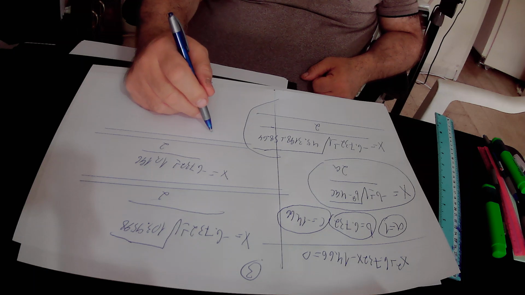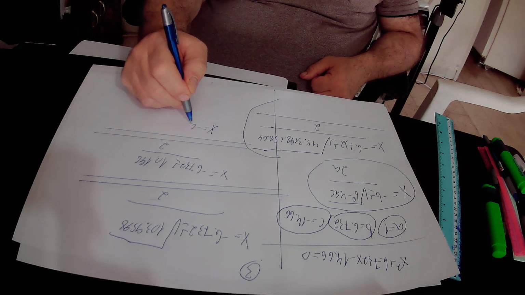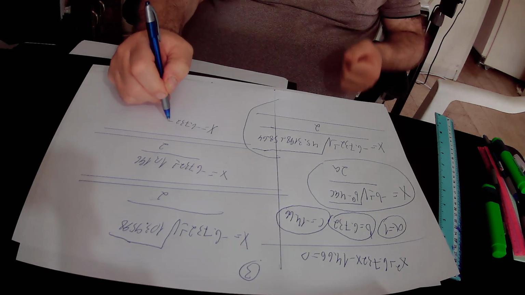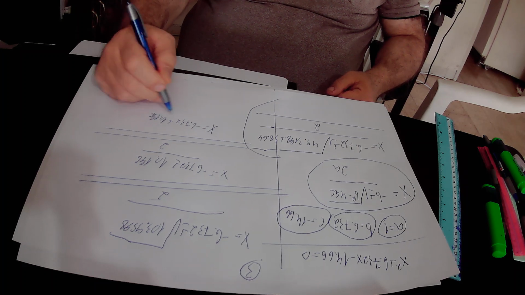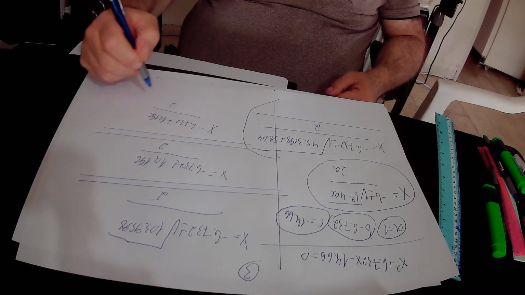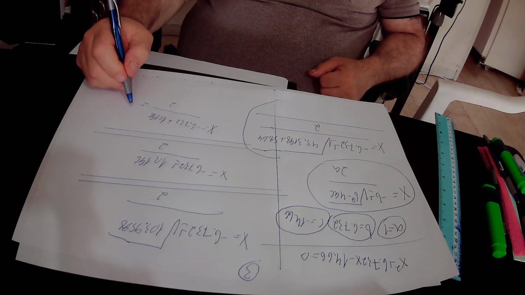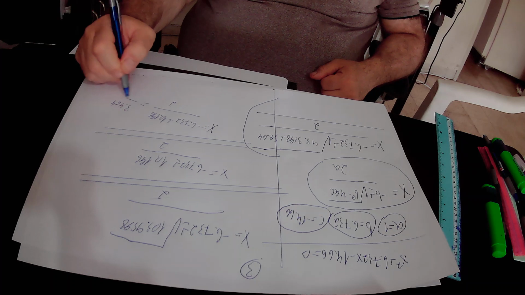And the positive solution for x is x equals to minus 6.732 plus 10.196 over 2, and minus 6.732 plus 10.196 equals to 3.464, divided by 2.